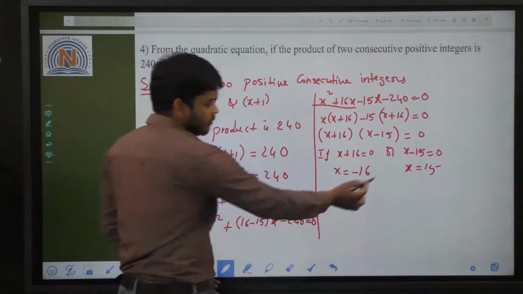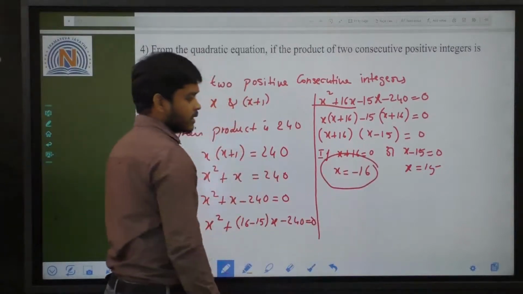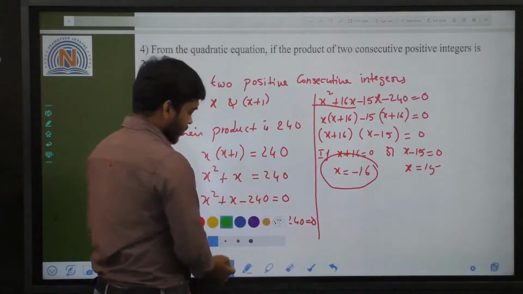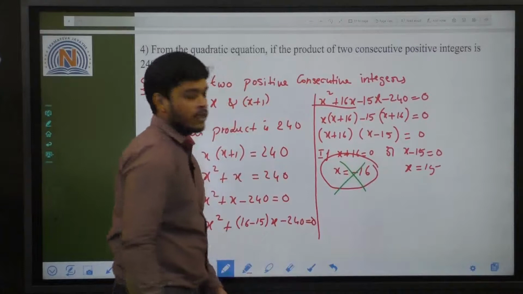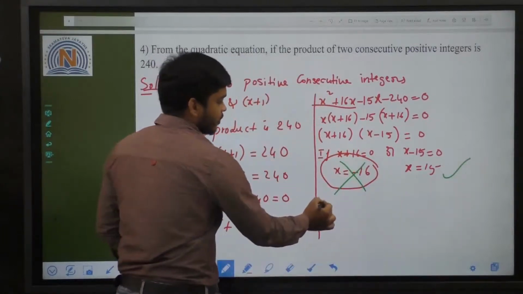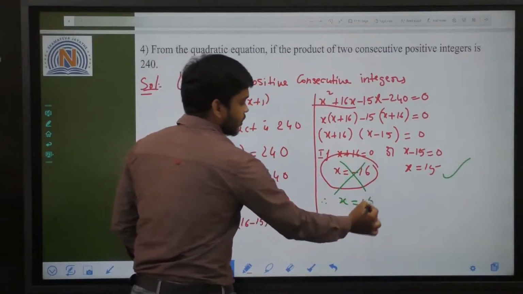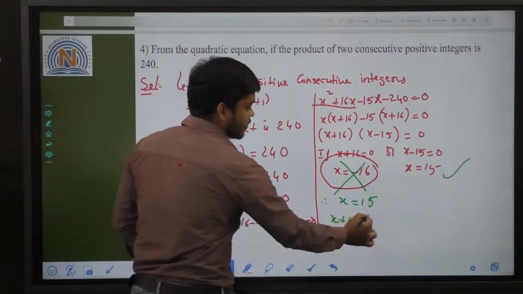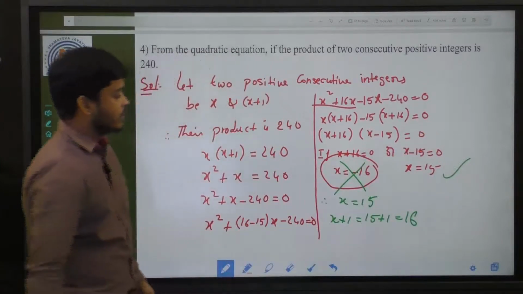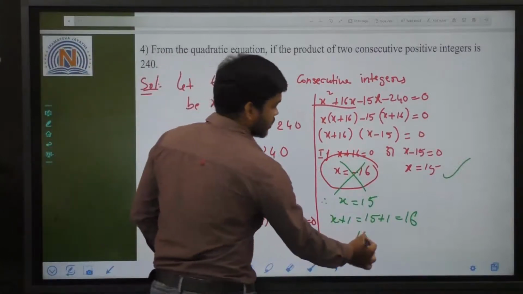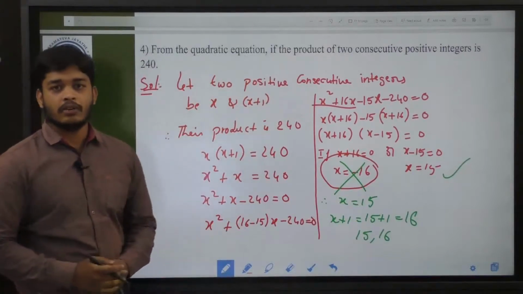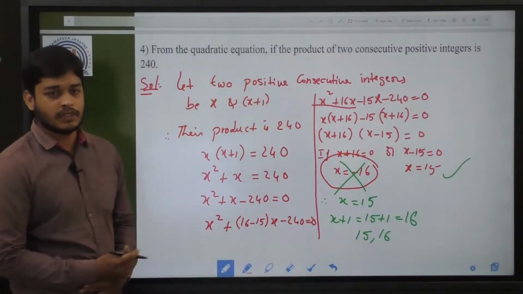So minus 16 is negative, and we do not consider it; we consider 15. If x is 15, then x plus 1 is 15 plus 1, that is 16. So the two positive consecutive integers are 15 and 16. Now coming to the next question.